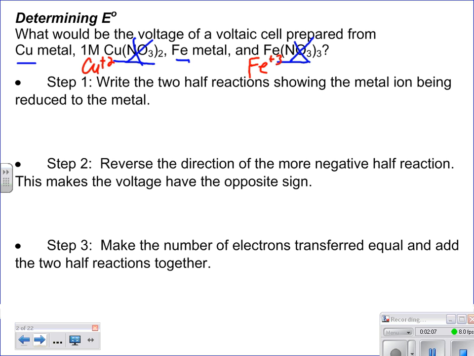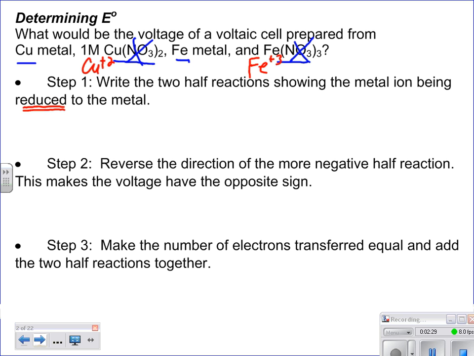So our first step is to write the two half reactions showing the metal ion being reduced. That's the big important thing here. We've got our two half reactions. We don't know which one the oxidation is occurring in, and we don't know where reduction is occurring. So we have to show them both as reduction halves.